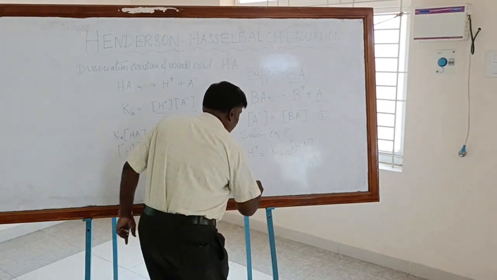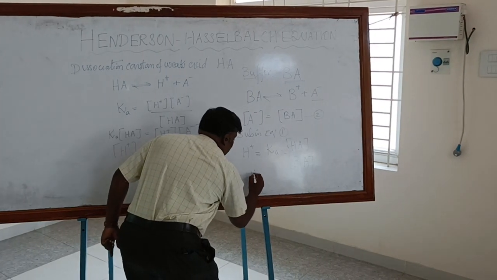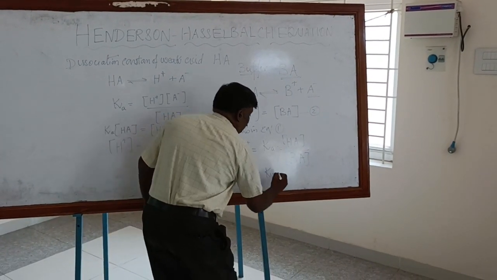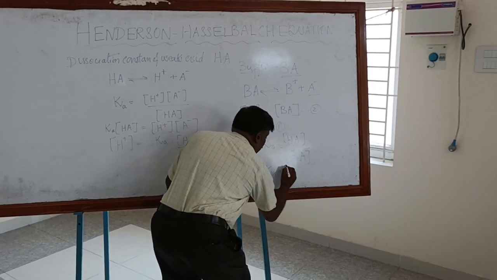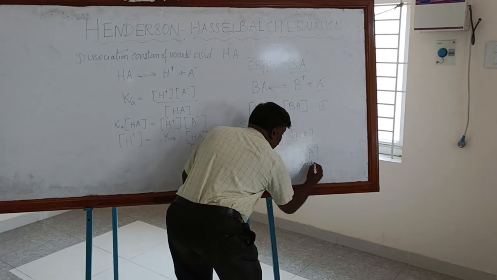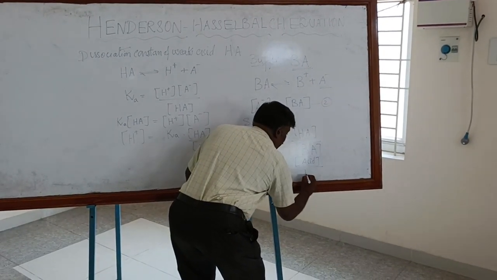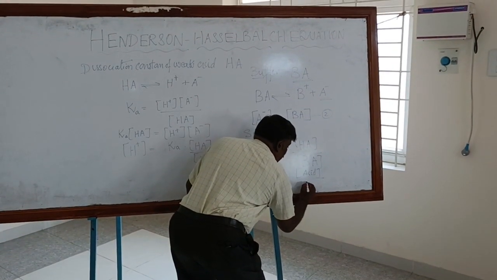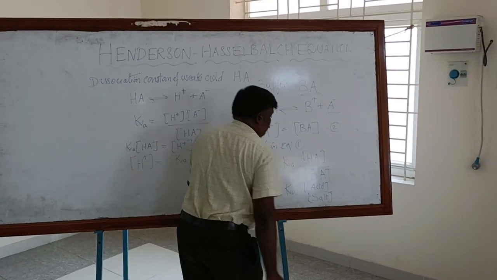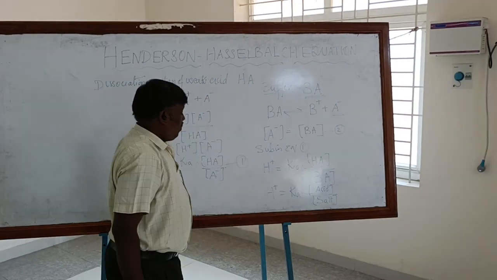So this equation can be simply written as H plus is equal to Ka into concentration of acid by concentration of salt.